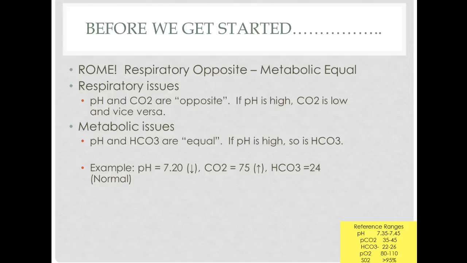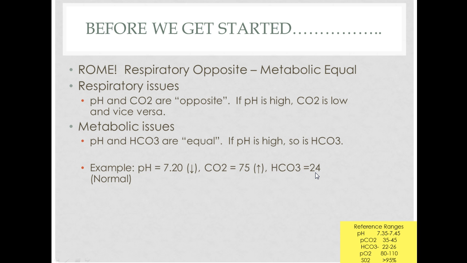So let's do an example. If a patient has a pH of 7.20, it is low. So I put a down arrow indicating that it is decreased. They have a CO2 of 75. As we can see by our reference ranges down below, that's very high. So I have an arrow pointing up. Our bicarb of 24 is in the middle of our reference range, so that is normal.